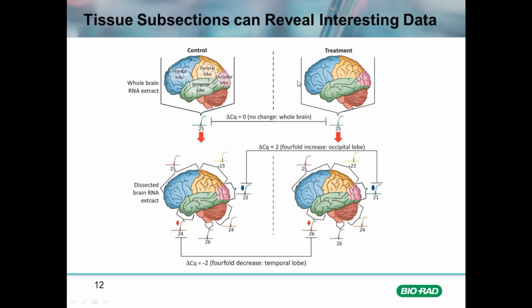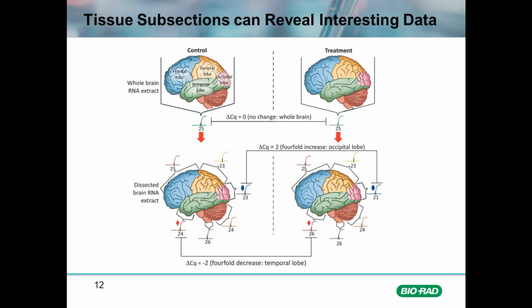panel here, we see that the brain was extracted from the animal and whole brain was homogenized. We'll assume these are mouse brains. The RNA was extracted and the cDNA produced from whole brain samples.